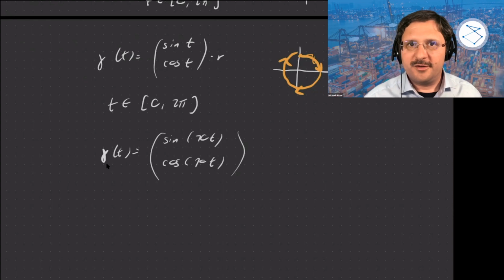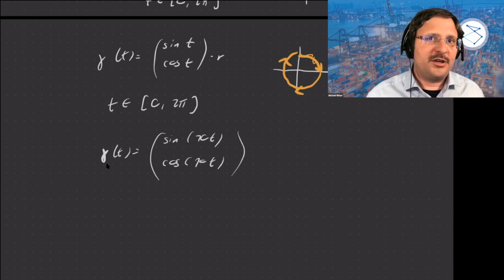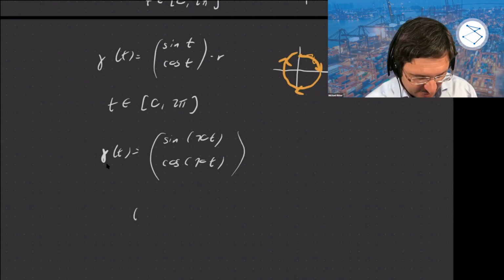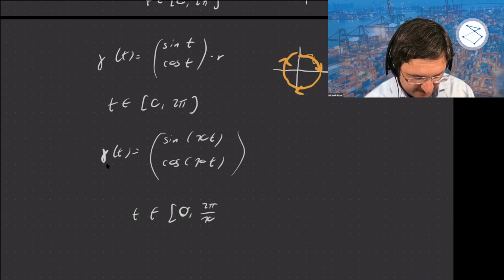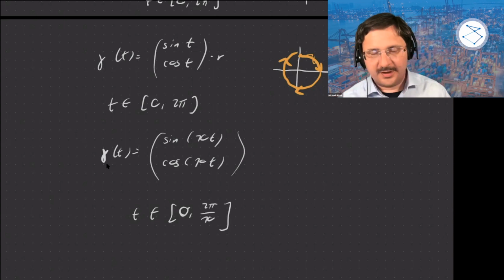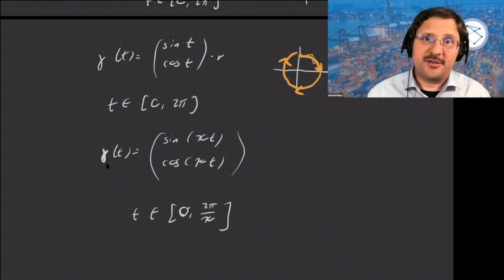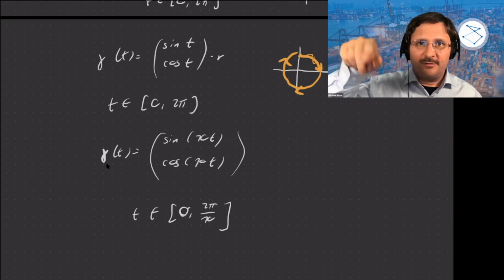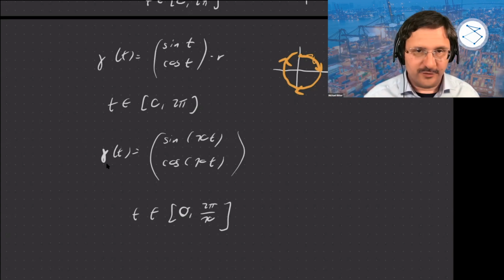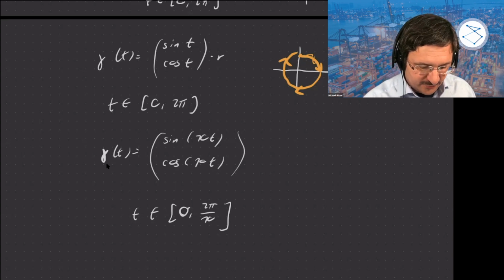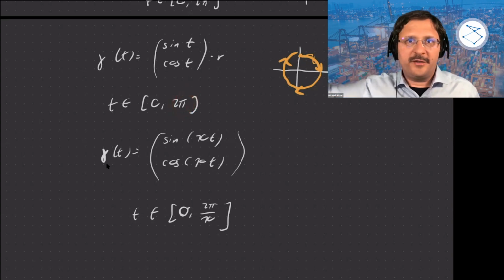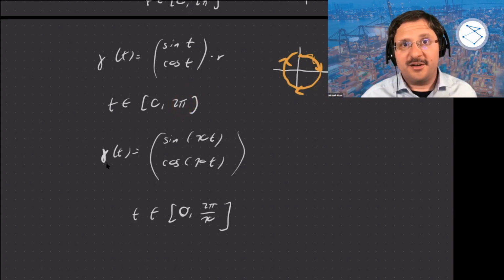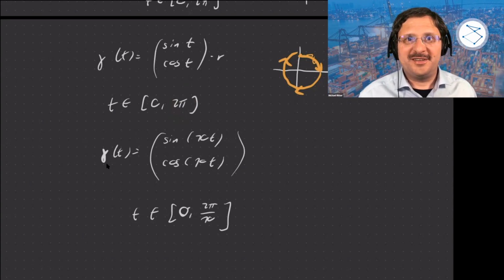And of course, if you want just one full rotation, then t will now be from 0 to 2 pi over 10. If you want more rotations, that's also possible, of course, then you would let t run more than 2 pi over 10. Or you could also do this here if you just extend the right side of the interval or the left side of the interval, depending on what's more clever. Right? So there's loads and loads of possibilities.